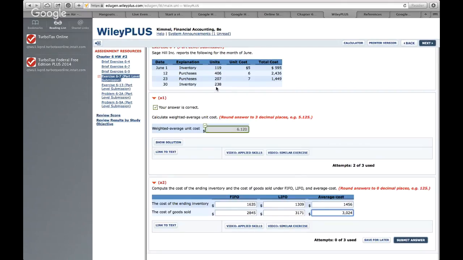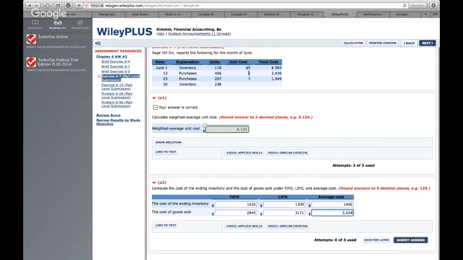So you subtract 207 from 238 to see what your next number is. I did 207 times 7, which is $1,449. And if you take 207 from 238, that's 31. So I took 31, and the next number up here is 6. So 31 times 6, which is $186.